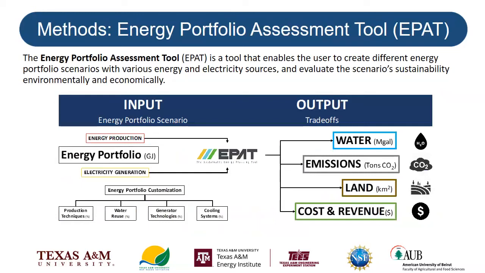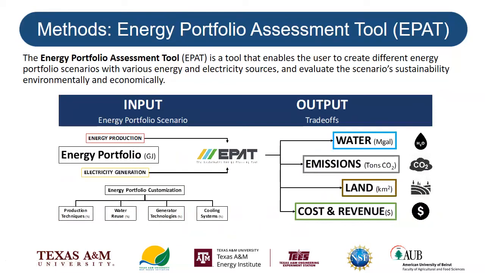Looking at the figure in the slide, looking at the tool framework, the input is the energy portfolio, which consists of two main segments: energy production and electricity generation. EPAT allows the user to customize the energy scenario for production and for generation, and to choose the production technique for oil, gas, and coal.